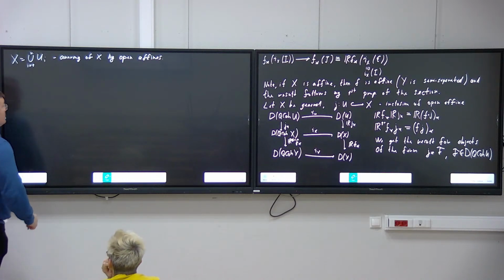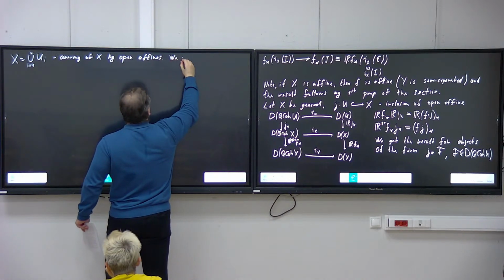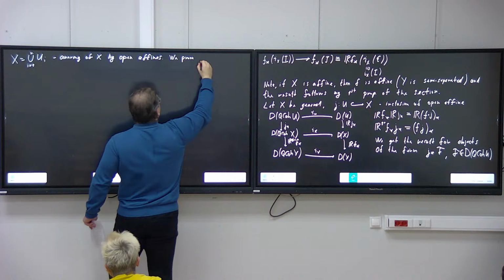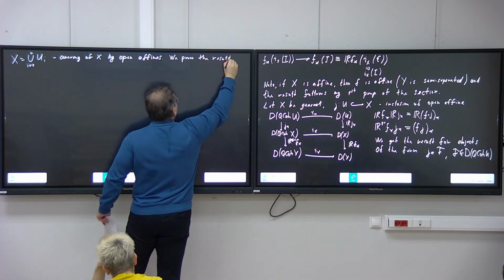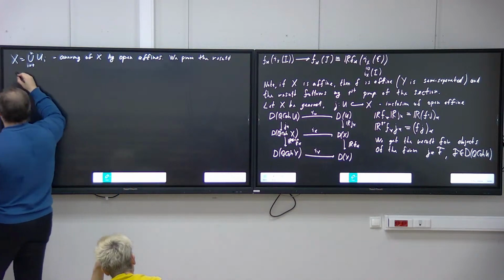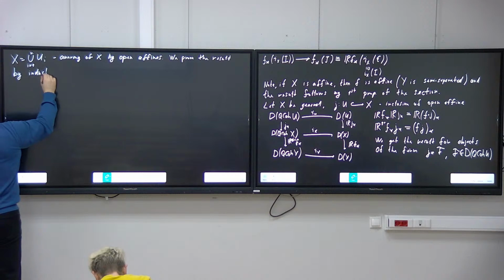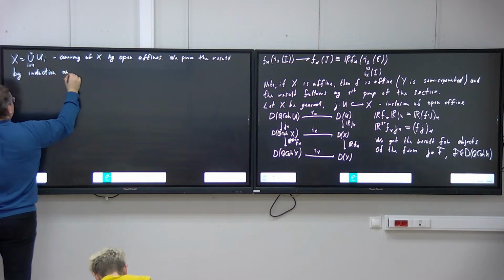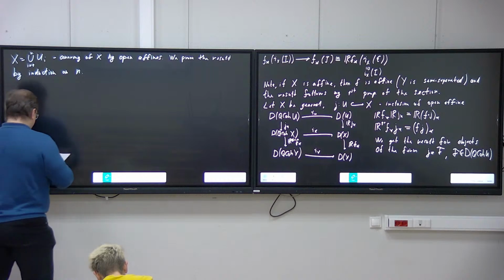Then we prove the general result by induction on the number of affines n. Of course, the case when n is equal to 1, where X is just affine, we already know. So we only need to do the induction step.